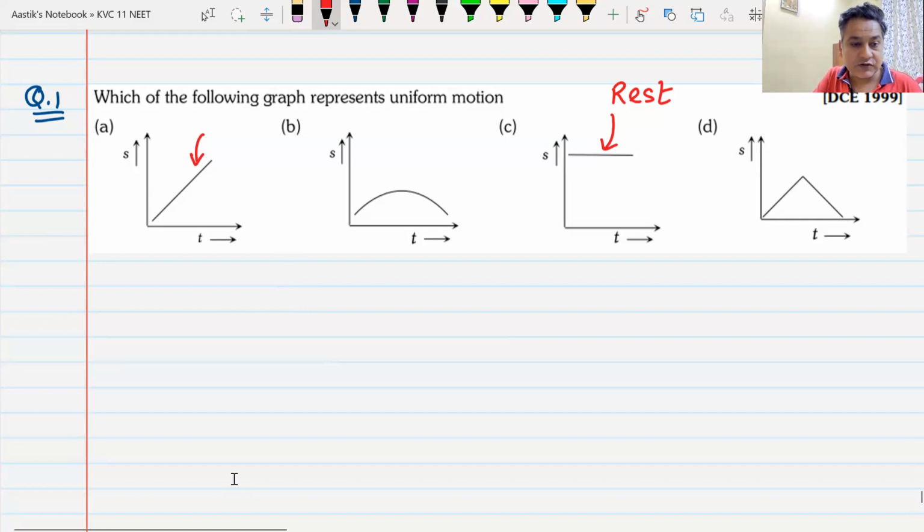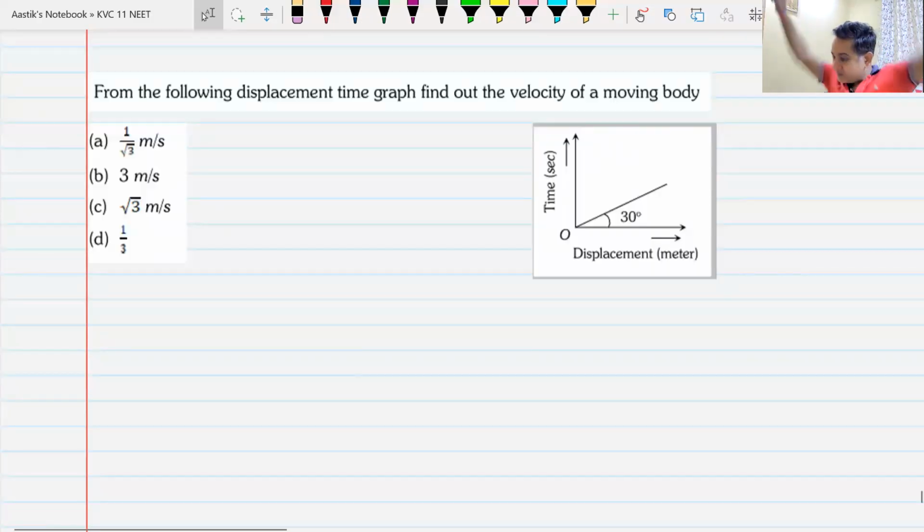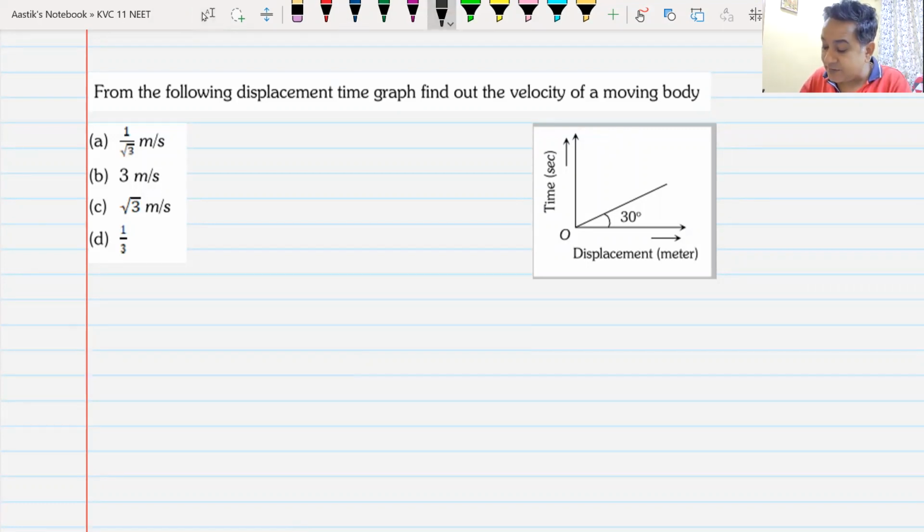Let me put all the parts together and ask you the answer. Yes, here comes the question. From the following displacement time graph, sometimes they call it displacement time graph, that is not the correct nomenclature. From the following displacement time graph, find out the velocity of the moving body.